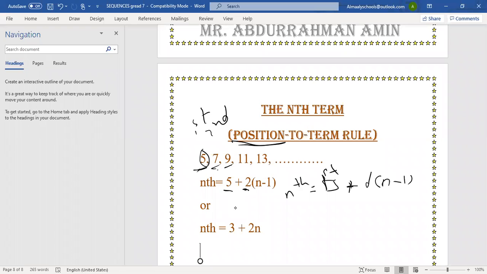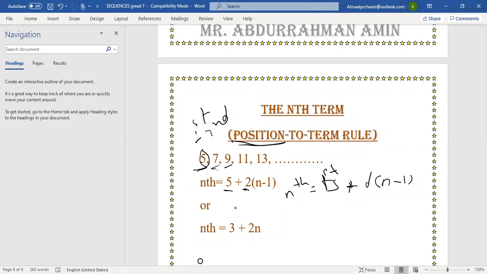Let's check this rule. This rule can give me any term of this sequence. For example, if we want to find the first term, we know the first term is 5. We are checking our rule. Put n equals 1 because it's the first.